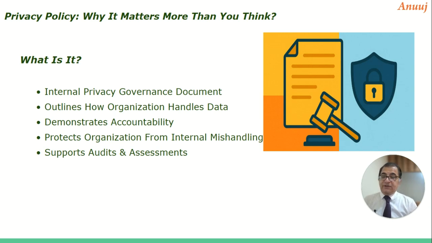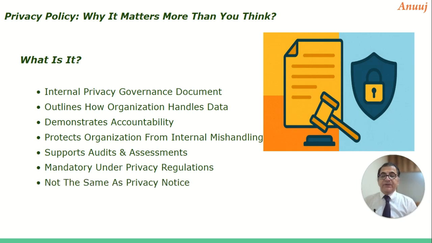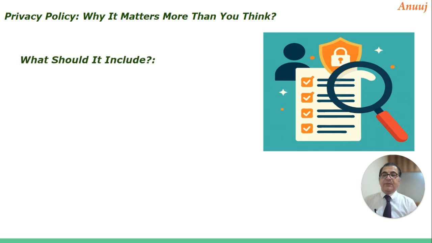And it's a must. And data could be of multiple types, right? Your organization might be collecting marketing related personal data, HR related personal data. So, under privacy regulations, it's mandatory to have a privacy policy. And as I mentioned earlier, also it's not same as privacy notice. Notice is for the public and policy is for the internal people.